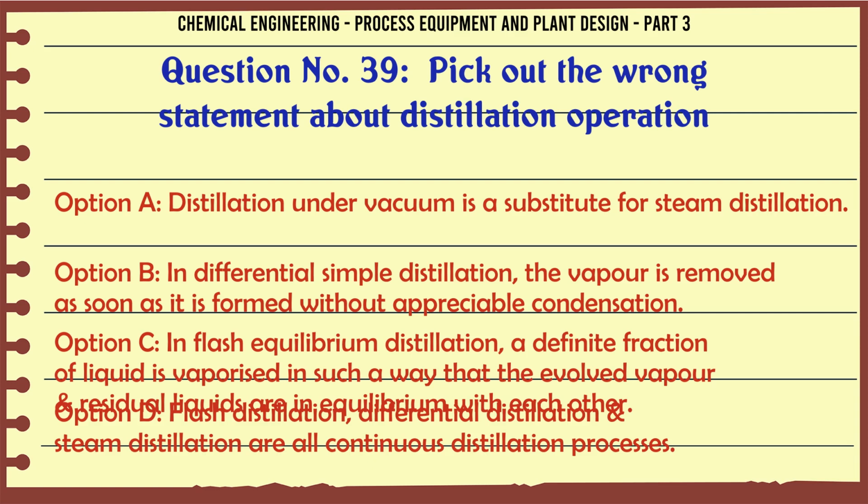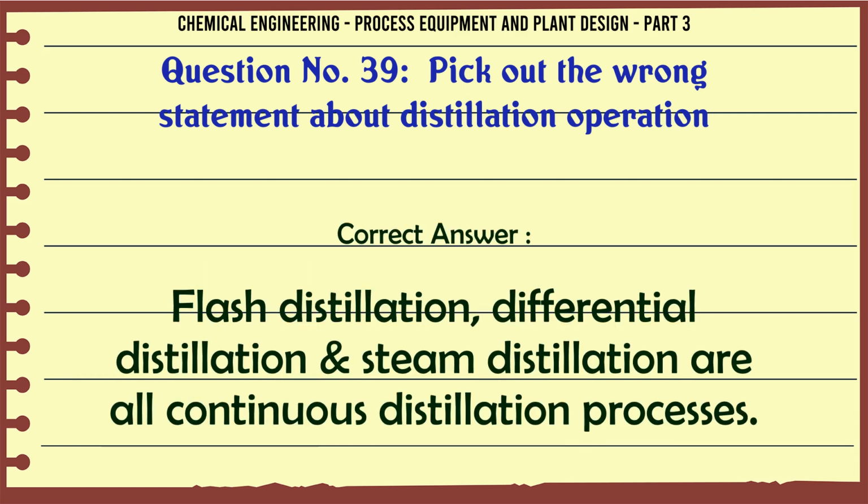C. in flash equilibrium distillation, a definite fraction of liquid is vaporized in such a way that the evolved vapor and residual liquids are in equilibrium with each other. D. flash distillation, differential distillation, steam distillation are all continuous distillation processes. The correct answer is flash distillation, differential distillation, steam distillation are all continuous distillation processes.